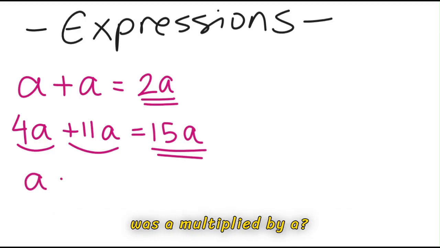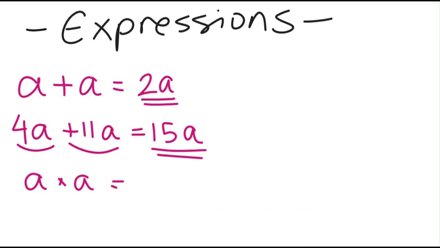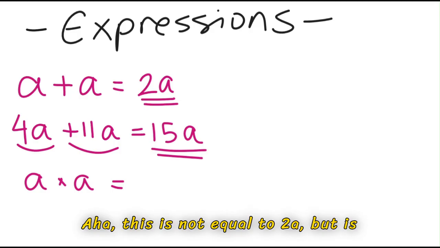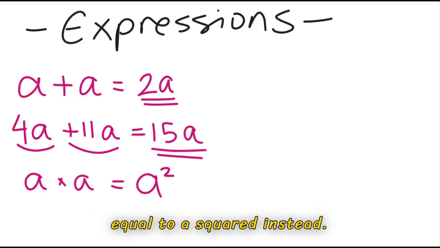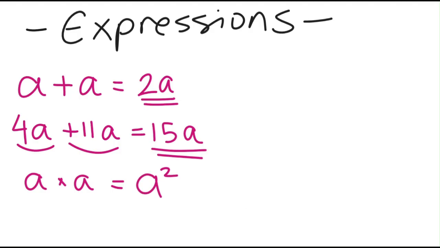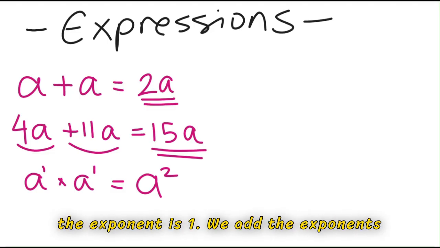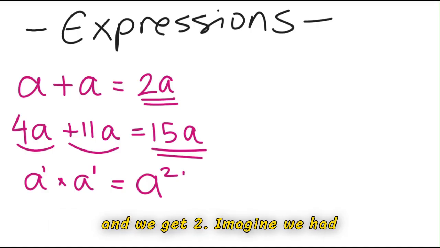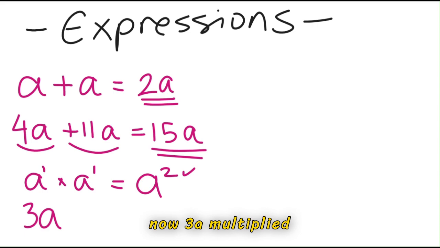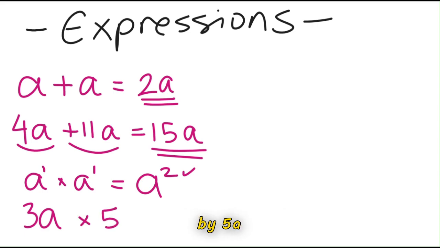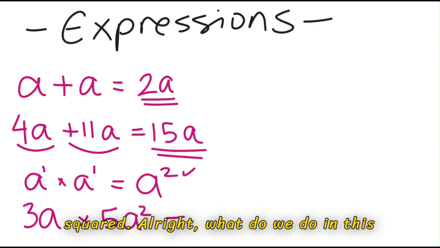What if it was multiplication? What if it was A multiplied by A? This is not equal to 2A, but is equal to A squared instead. Because here the exponent is 1 and here the exponent is 1. We add the exponents and we get 2. Imagine we had now 3A multiplied by 5A squared.